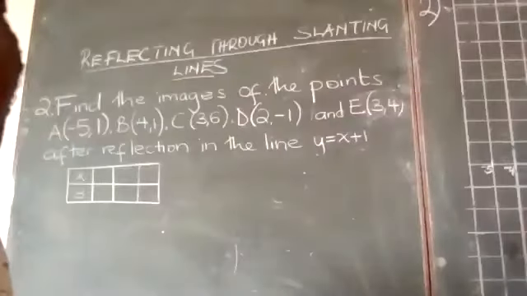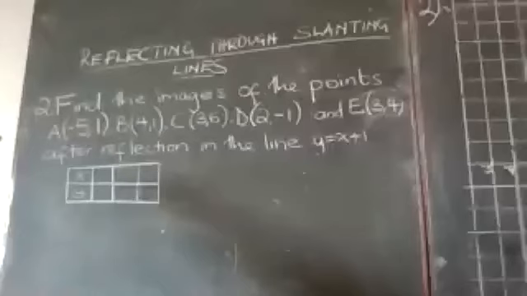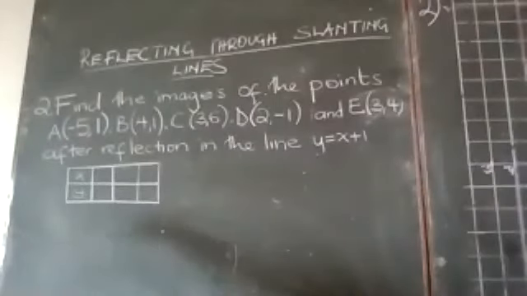Yes, girls, we have 6 minutes to go, but we have another question here. Find the images of the points. We have point A, which has coordinates -5, 1.